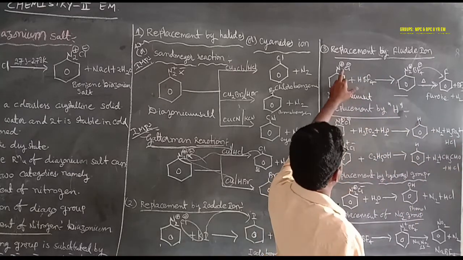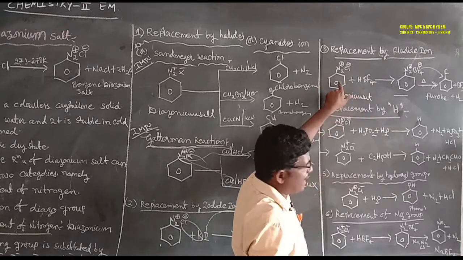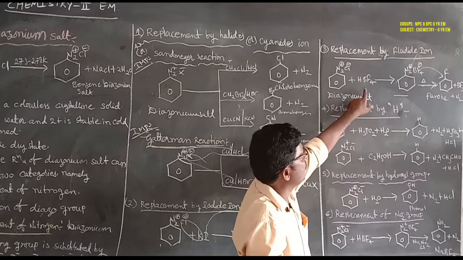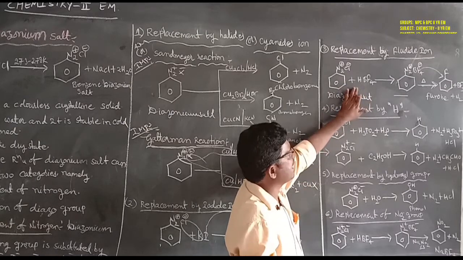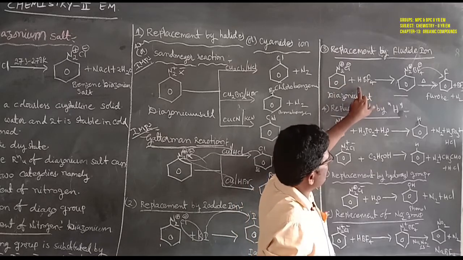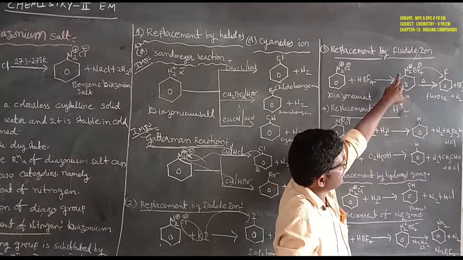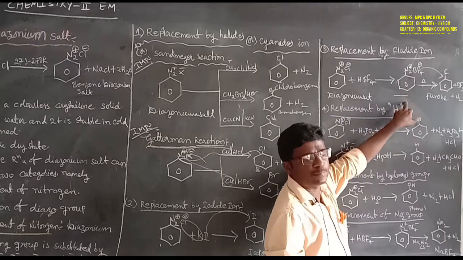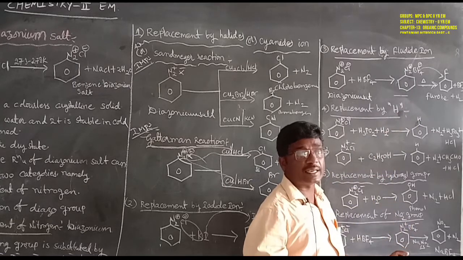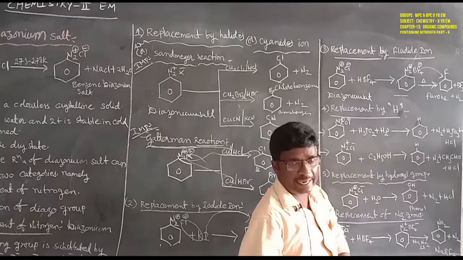Here is the first one, replacement by the fluoride ion. Benzene diazonium salt treated with the fluoroboric acid, HBF4. Benzene diazonium chloride treated with the fluoroboric acid, then form of the benzene diazonium tetraborate, that is also known as a precipitate.